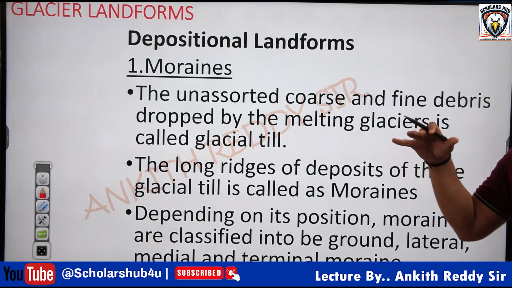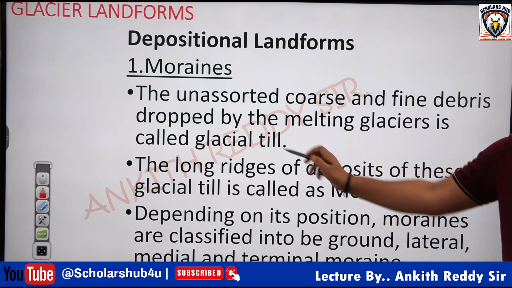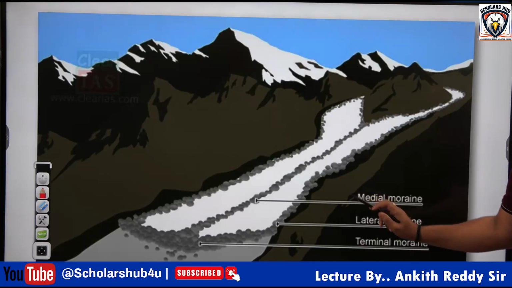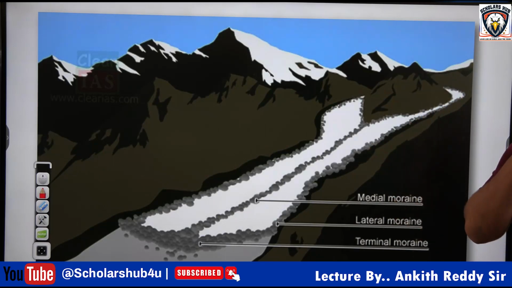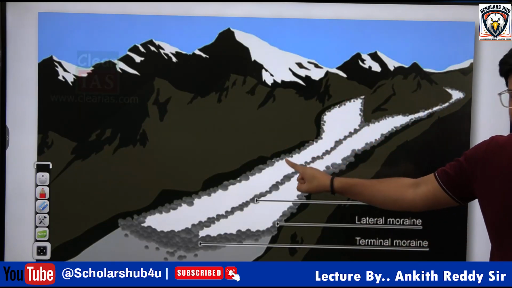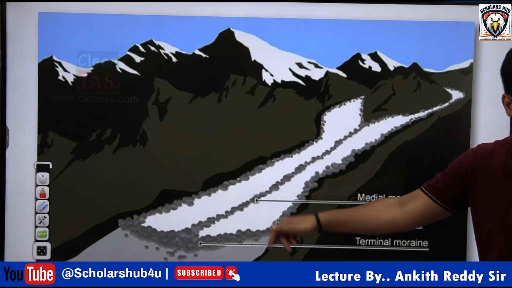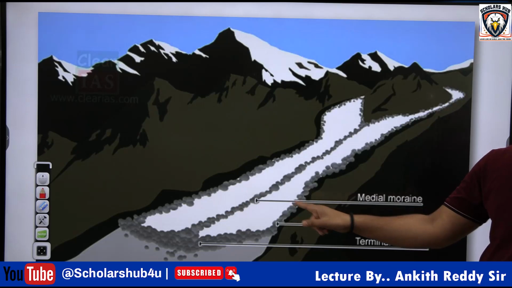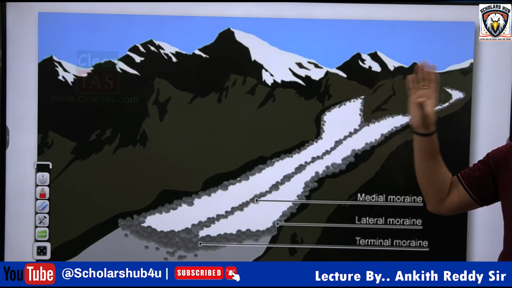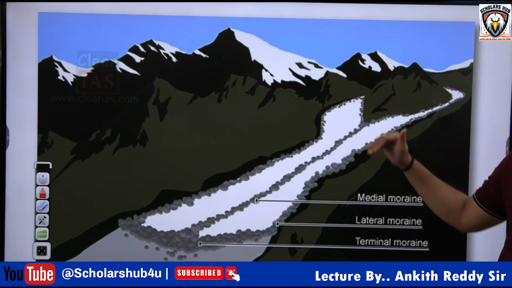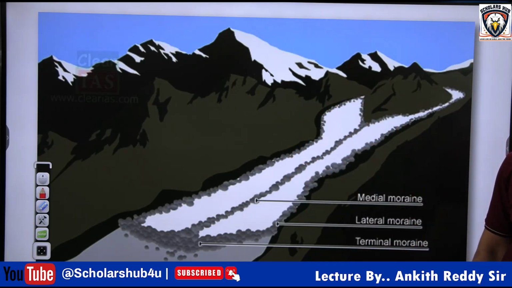The unsorted material carried by the glacier is called till. So when the glacier moves, it carries sediments with it. You can see it depositing on the sides, the downstream end and in between. These sediments carried by the glacier are deposited on the sides, middle and at the end. They are called moraines.